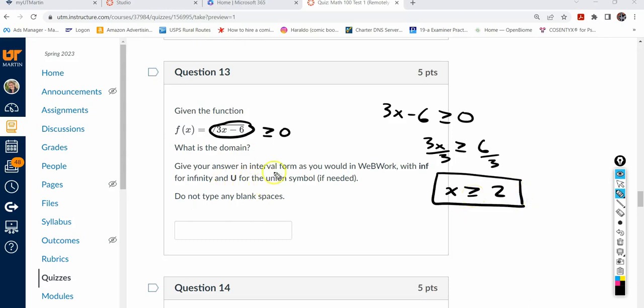But I have to give the answer in interval form. So again, what would this look like on the number line? If you don't know how to write that in interval form. So I would start at, and I would include 2. And then the arrow's pointing to the right, everything bigger than 2.